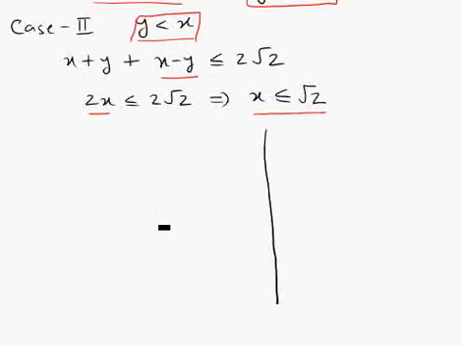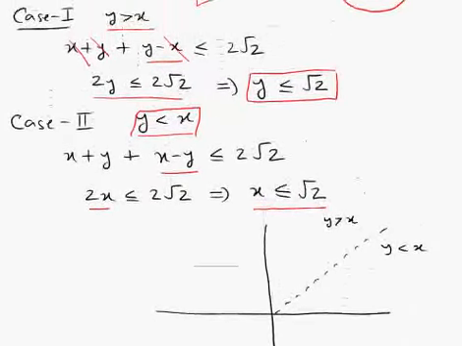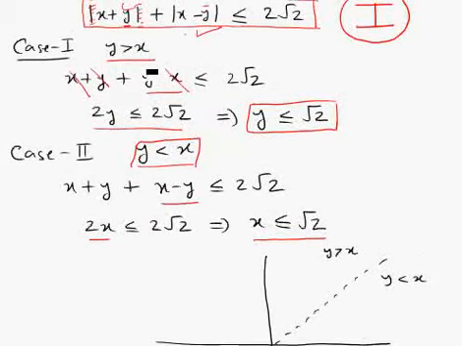This is the y-axis, the x-axis, and this is the y = x line. This is the region where y is greater than x, above the y = x line. This is the region where y is less than x in the first quadrant, that is the region below the y = x line. Now you can see the first case, when y is greater than x, that is above this line, in the first quadrant we have to plot the inequality y less than or equal to root 2.